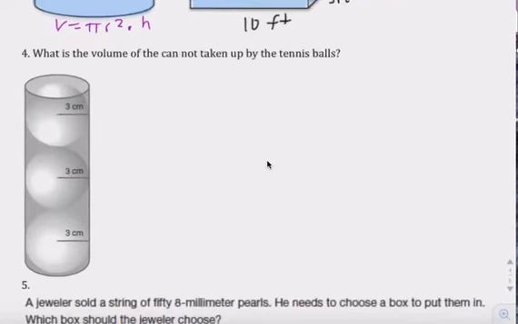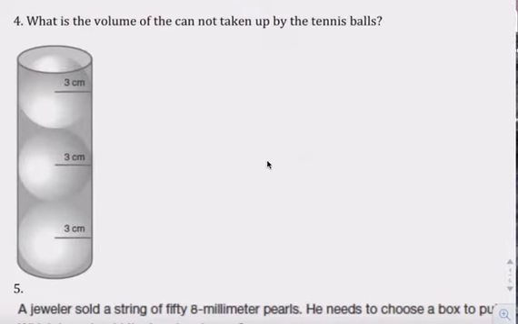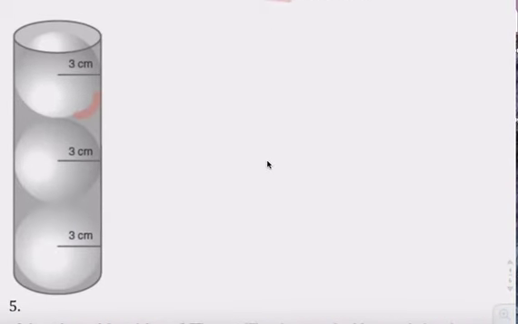Okay, what is the volume of the can not taken up by the tennis balls? What's not taken up? It's all this space that's not taken up by the tennis balls that you're trying to find. So you've got to find the volume of the sphere.